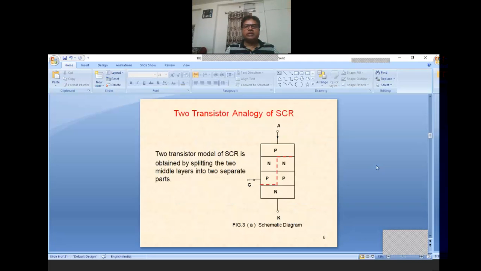After understanding the construction of the SCR, now we will try to compare the construction of the SCR by dividing it into different sections.